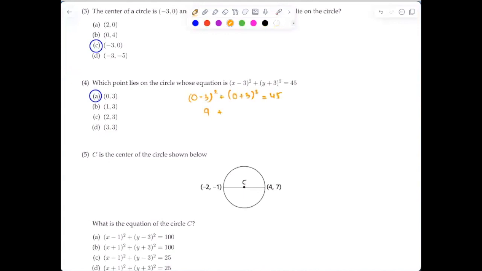This is 3 plus 3, so 3 plus 3 is 6, right? So 6 squared is 36, and 9 plus 36 equal to 45, or 45 equal to 45. So you have a true statement in this case.